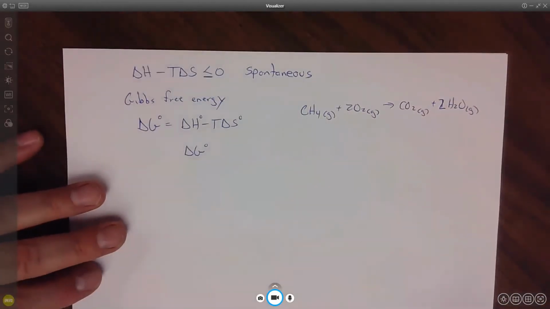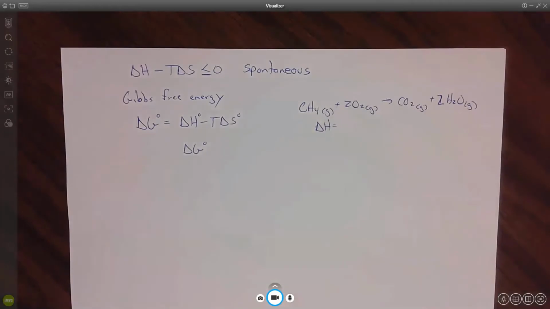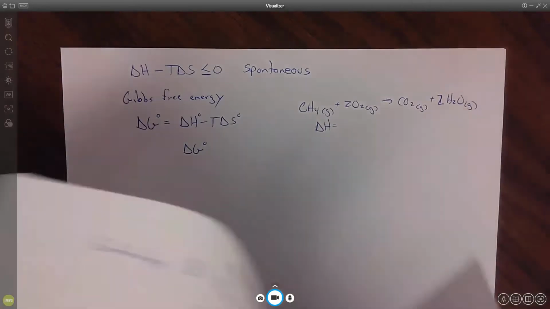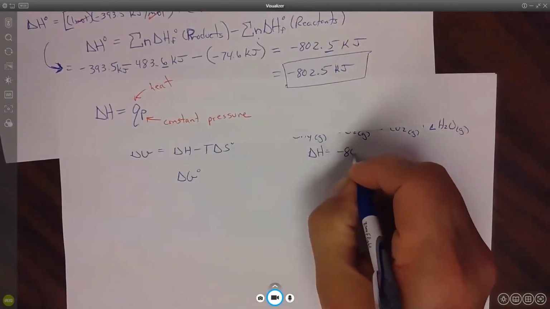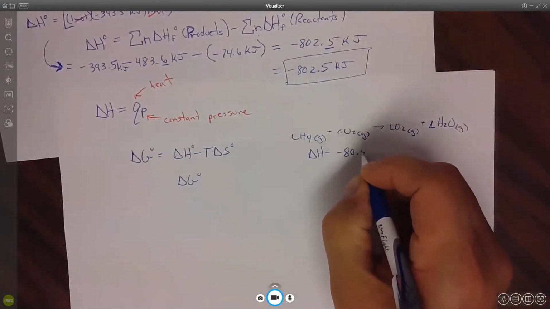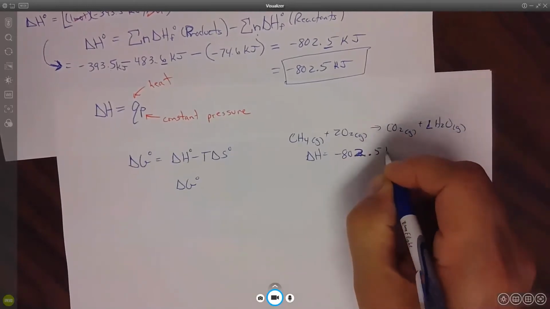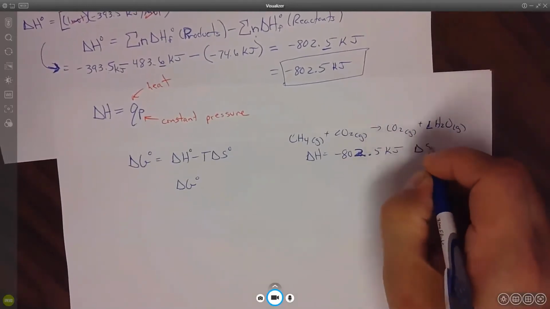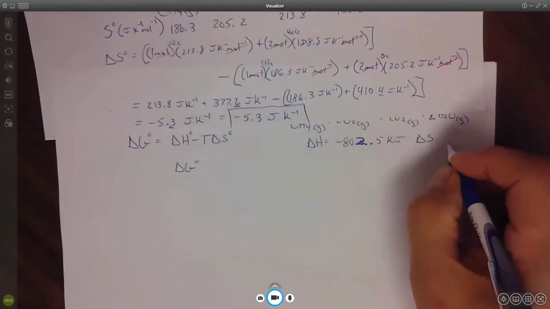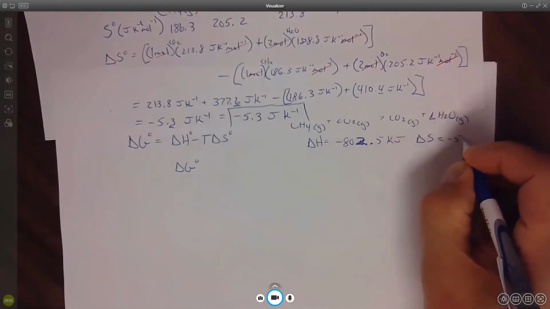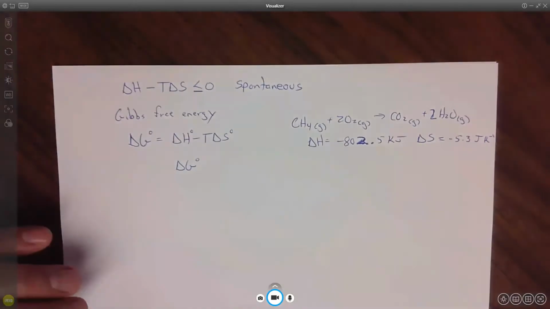Because we determined for this reaction that del H was negative 802.5 kilojoules, and that del S was negative 5.3 joules per Kelvin.